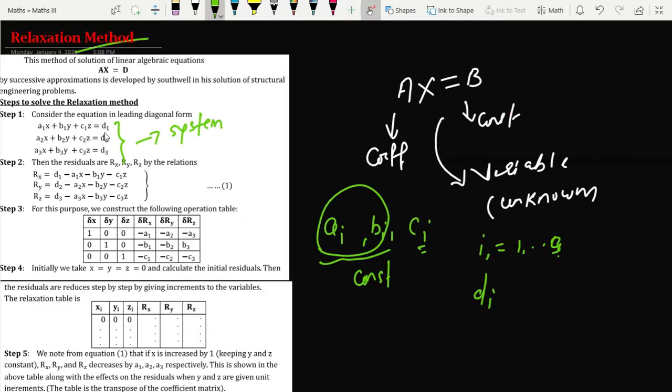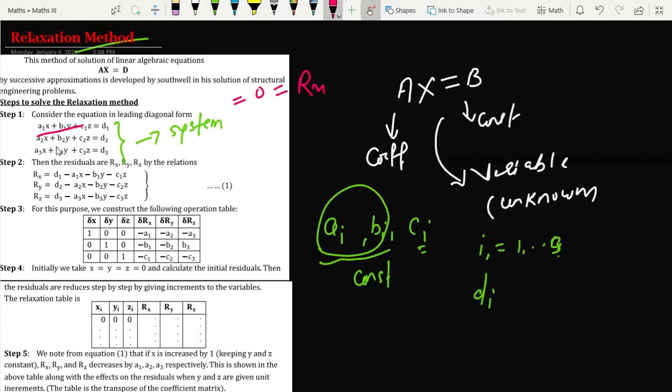From the first equation, shifting these three terms, we get d1 - a1x - b1y - c1z = 0. This term is denoted by Rx, called the residual with respect to x.